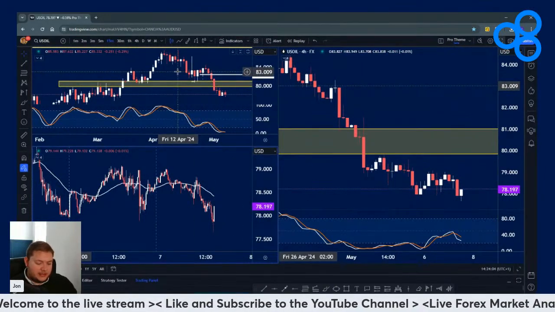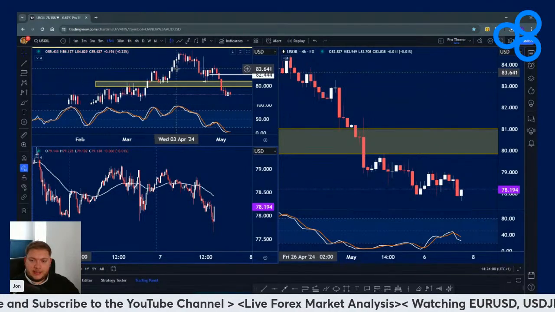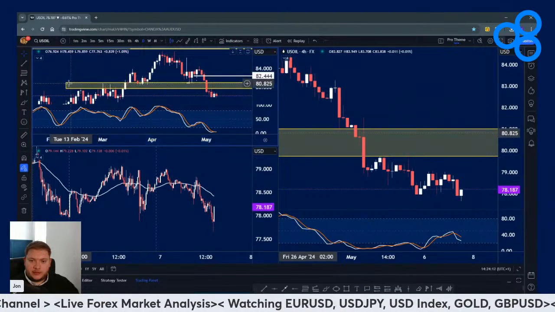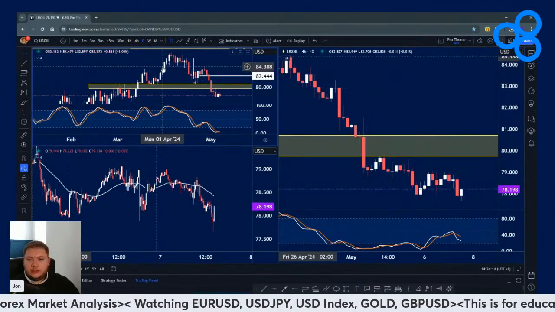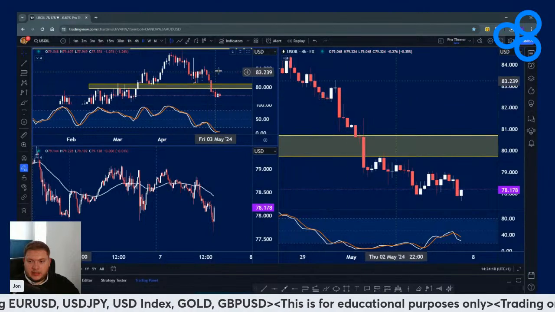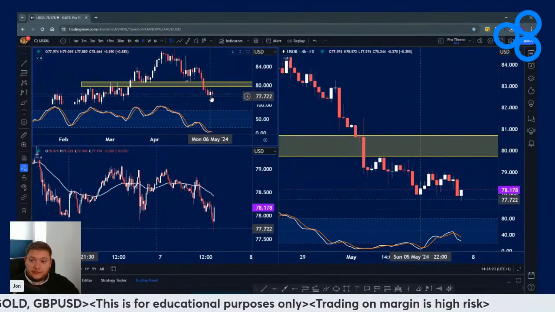So obviously there's been lots of talk of ceasefire and whatnot. There is also talk that it's just being used as almost like political warfare now between Israel and Hamas. And obviously we've seen a decline here.